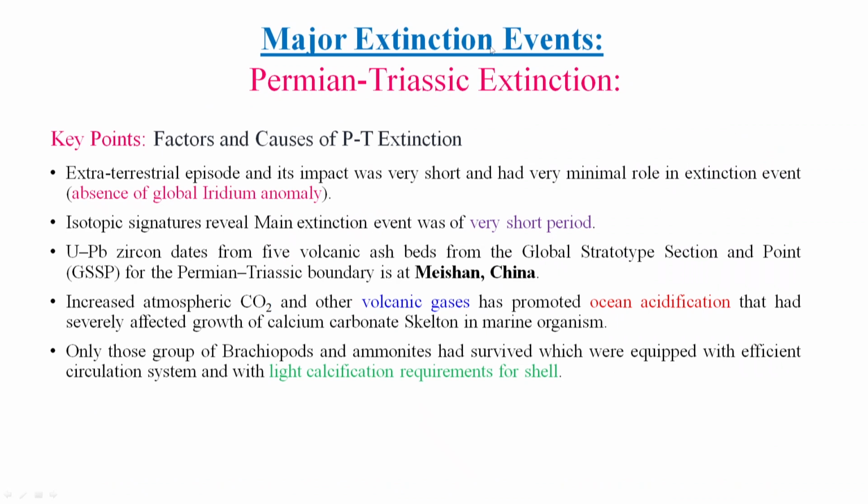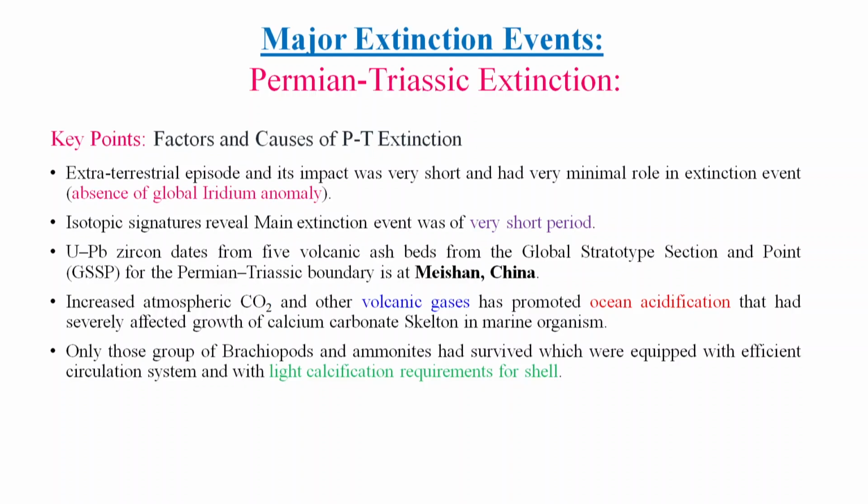The key points to remember about the main factors and causes of this Permo-Triassic extinction: the extraterrestrial episode and its impact was very short and had a very minimal role in the extinction event, because there is no global iridium anomaly. No such anomaly has been found.